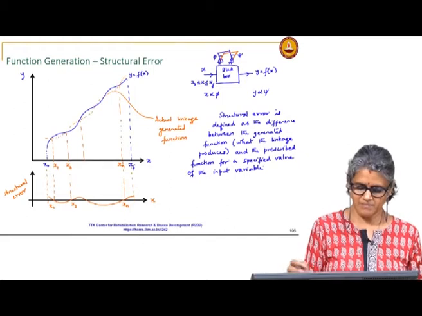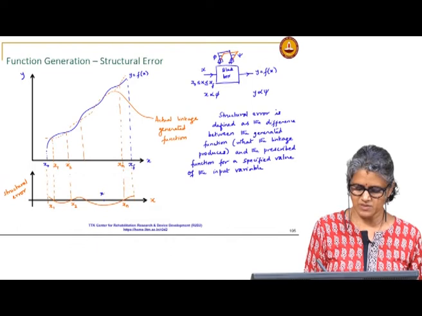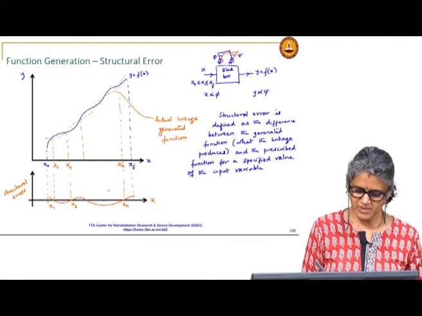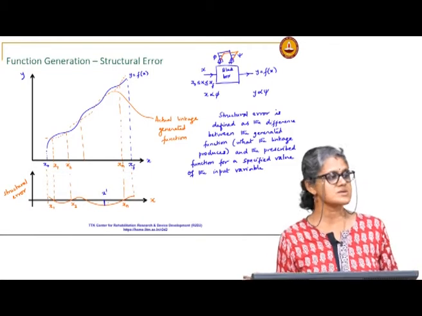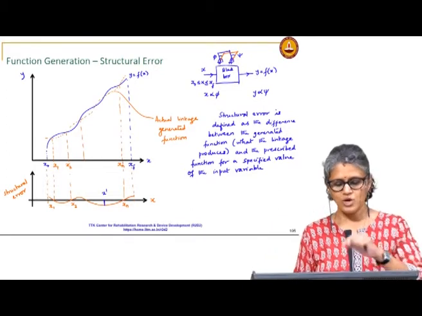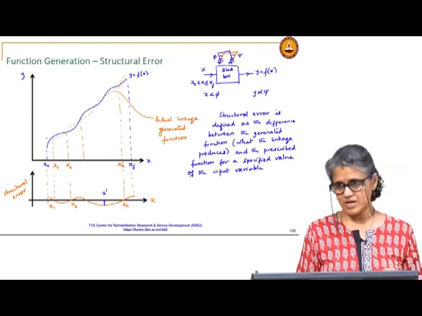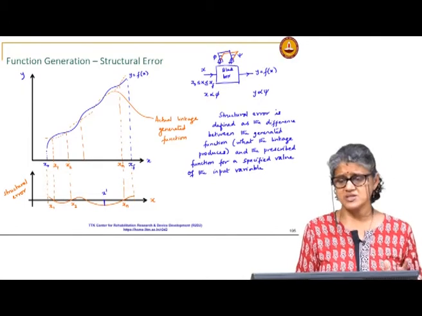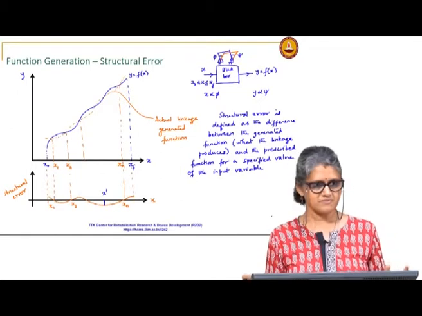If I look at the structural error at some x value, some x dash, then this would be my structural error at that particular point. I compute what the linkage generates and what I want the value of the function to be; the difference between them is the structural error, which I really can't do anything about unless I change the linkage itself.